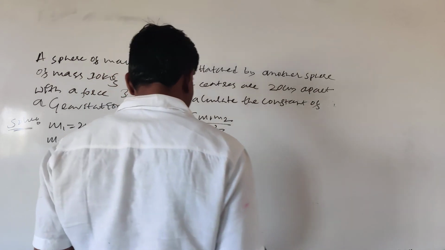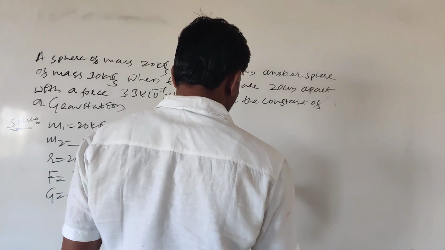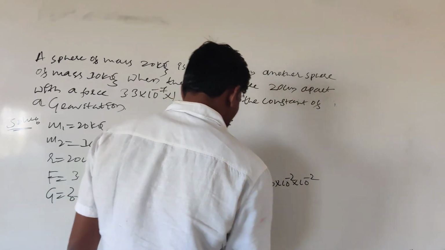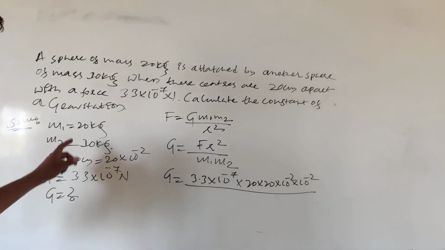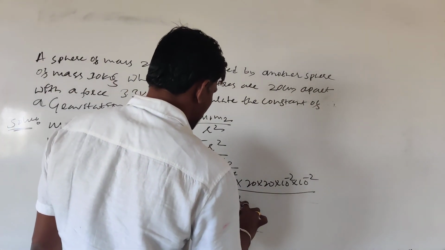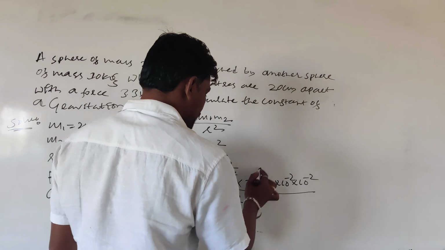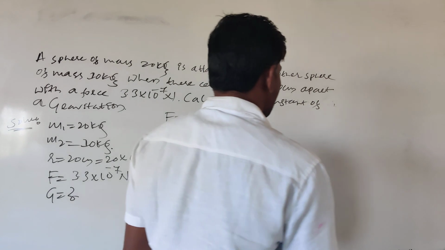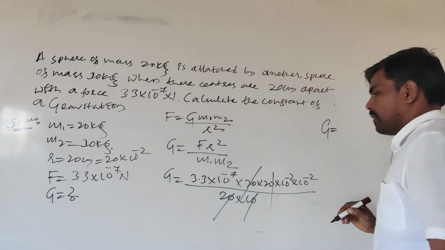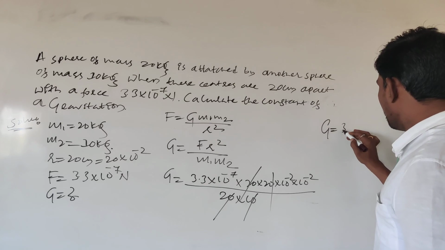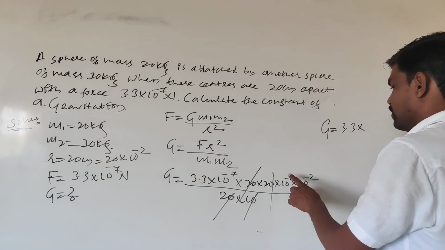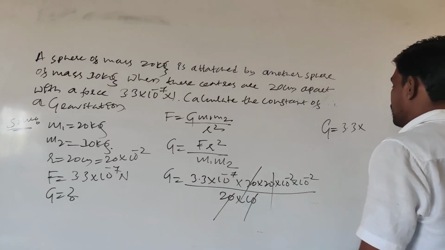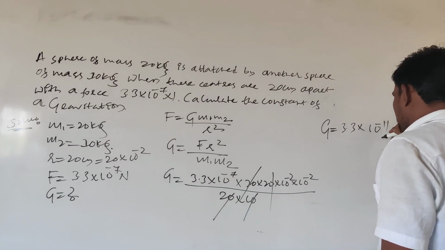Then R is 20 into 10 raised to minus 2, and r square is there, so 20 into 20 into 10 raised to minus 2 into 10 raised to minus 2. M1 m2 is 20 into 10, so this 20 cancels, this 0 cancels. So G is equal to 3.3 into, this is minus 2, this is minus 2, minus 4, minus 7, 10 raised to minus 11.